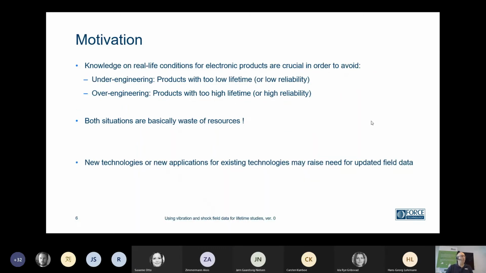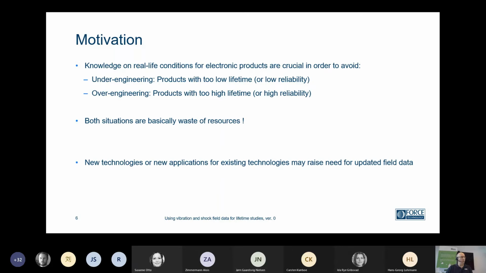The motivation why we do this is that when we know how the real life conditions for electronic products are, then we can avoid situations where we make the product too weak. We can call it under-engineering, so the product will fail too soon, or we can make it too good when it lasts far too long. If I made a mobile phone that could last for, let's say, 20 years, then probably not many people would use it after 20 years because it's outdated.